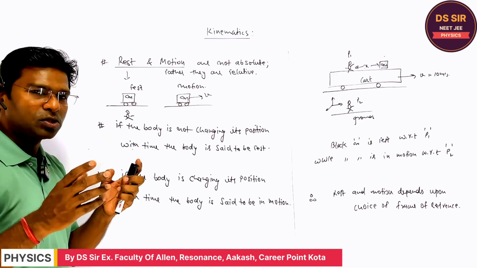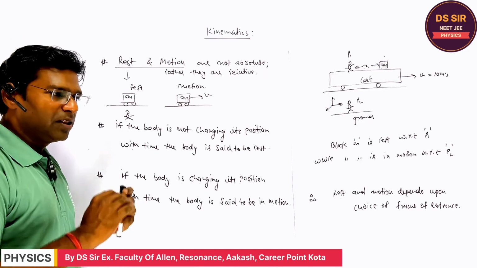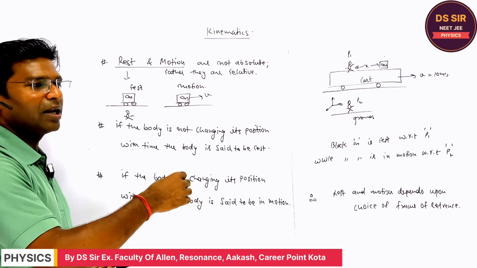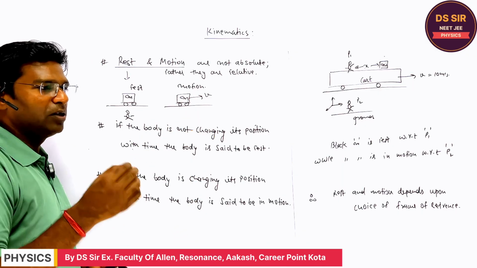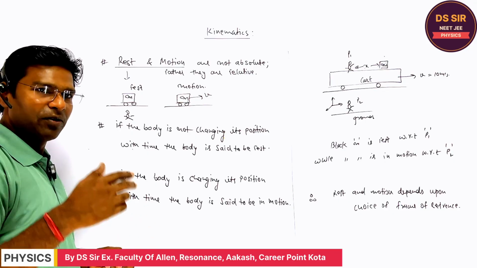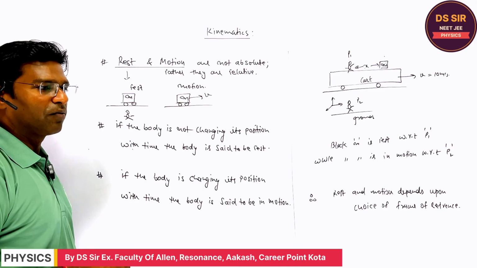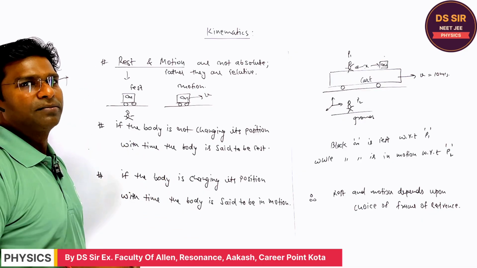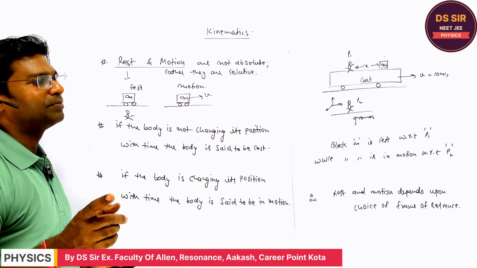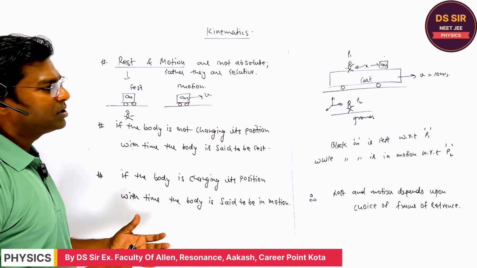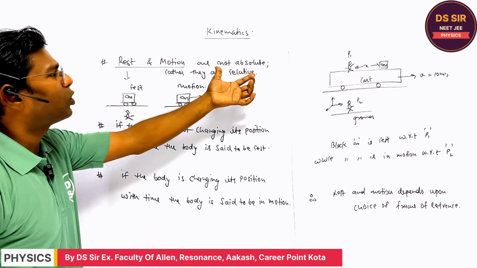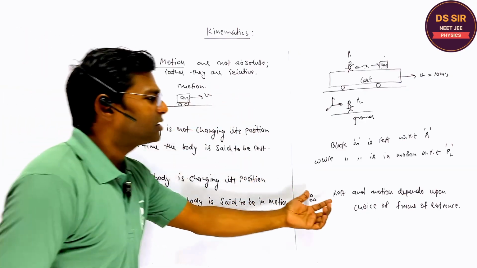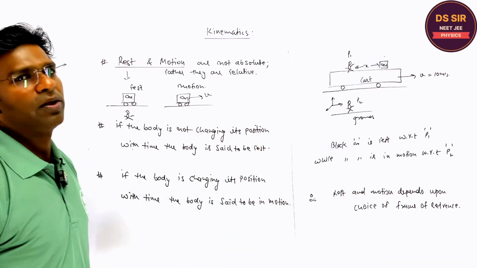For example, with respect to the ground, trees are at rest, but when you are moving in a car and you see the trees far away from you, from the moving car, you will see the trees going backward. Have you seen that? So rest and motion are not absolute; rather, they are relative to each other, and rest and motion depend upon the choice of frame of reference.